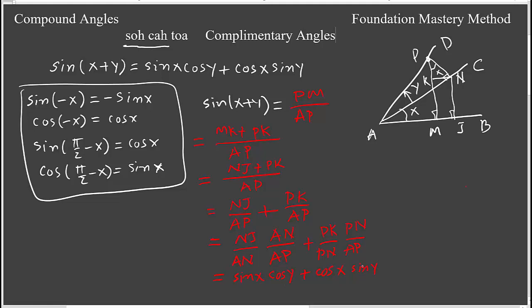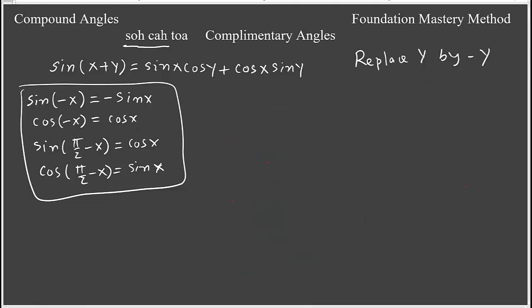Other results we can get with the help of this. Now we replace y by negative y, so we get sine x minus y equals sine x cosine negative y plus cosine x sine negative y.